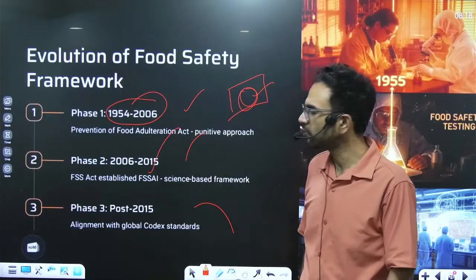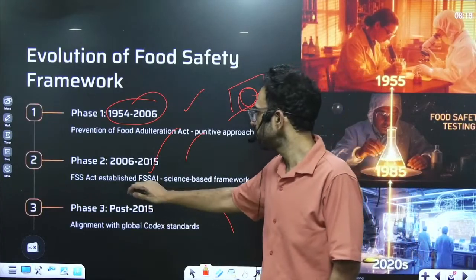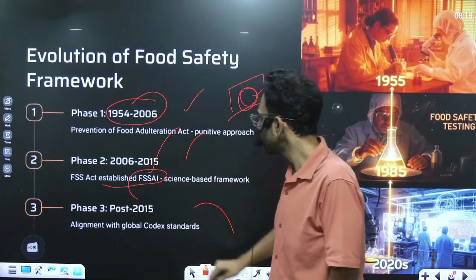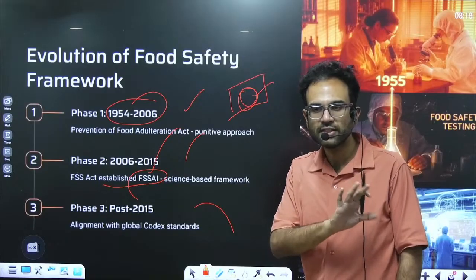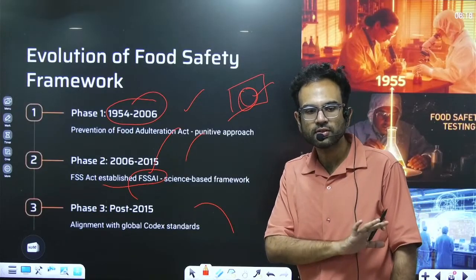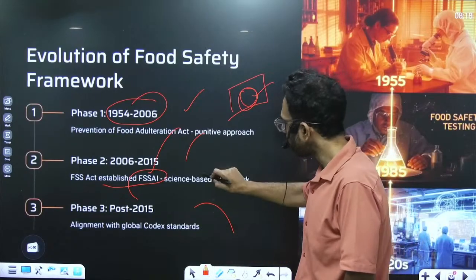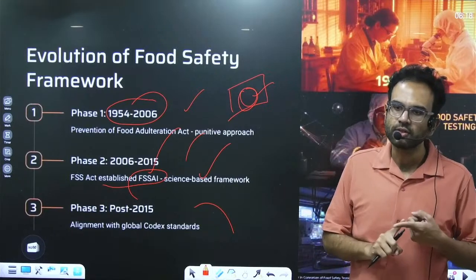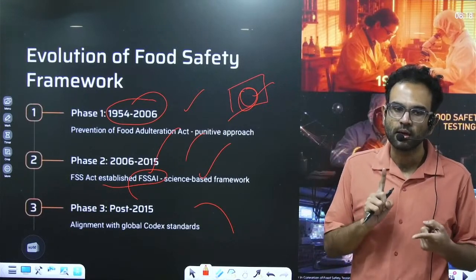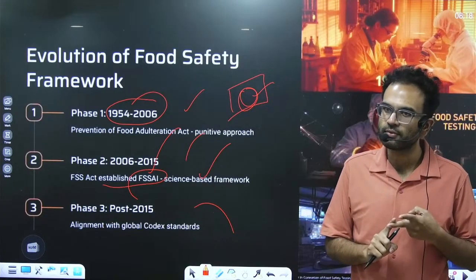From 2006 to 2015, for almost a 10-year period, you have seen the establishment of FSSAI and a transition from an adulteration-focused framework to a science-based framework. Now, what do I mean by this science-based framework? Previously, nobody was talking about the amount of protein we should have, or the amount of fats we should have.